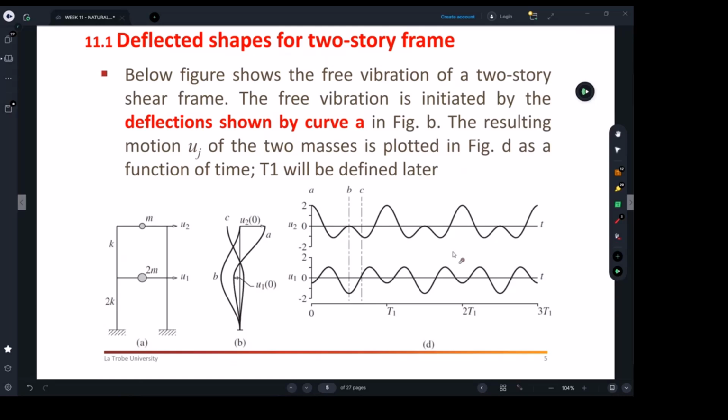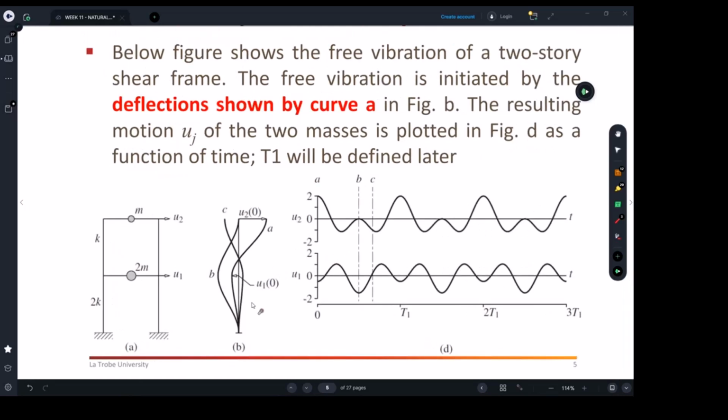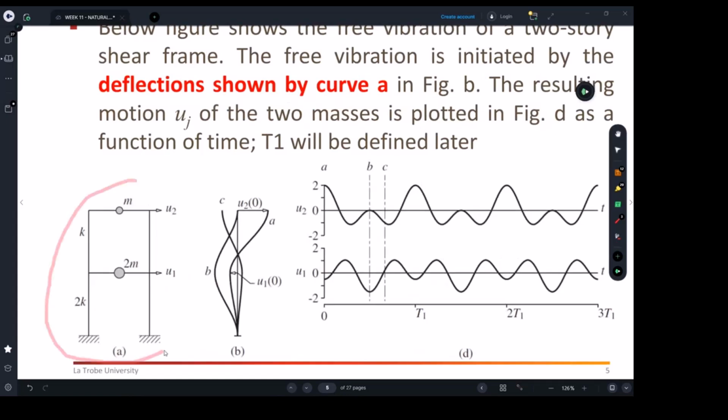Now, let's have a look if we have randomly. So let's say we had the system, right? You had two floors with two different mass values, and each floor has its own stiffness value.